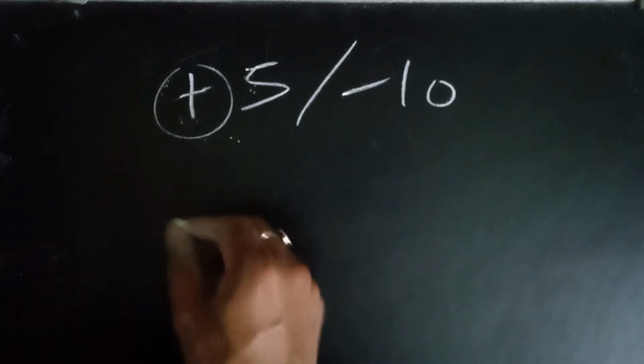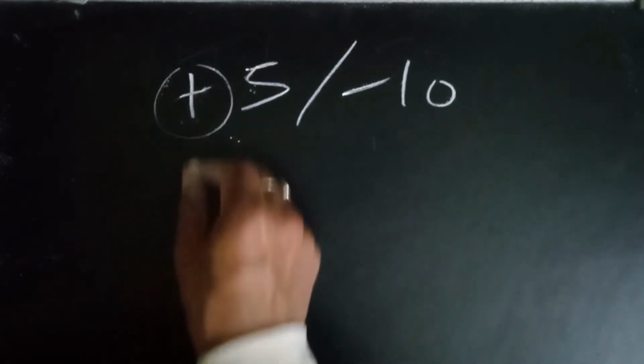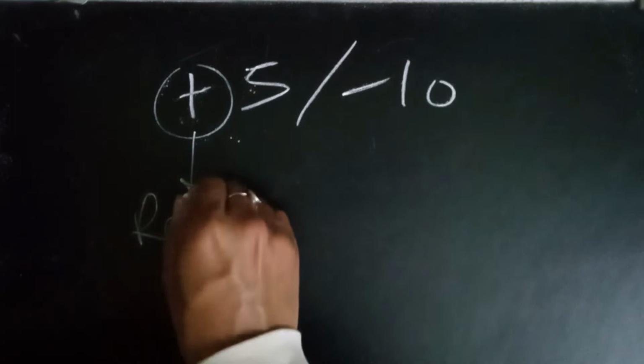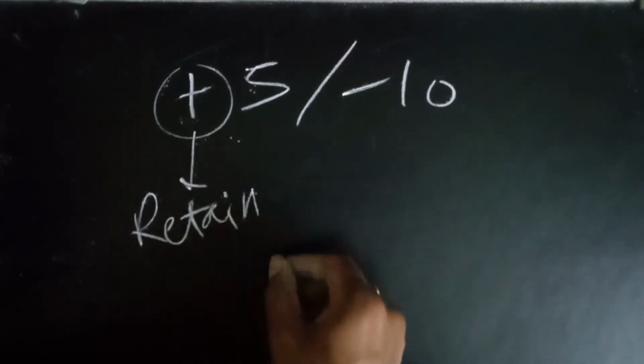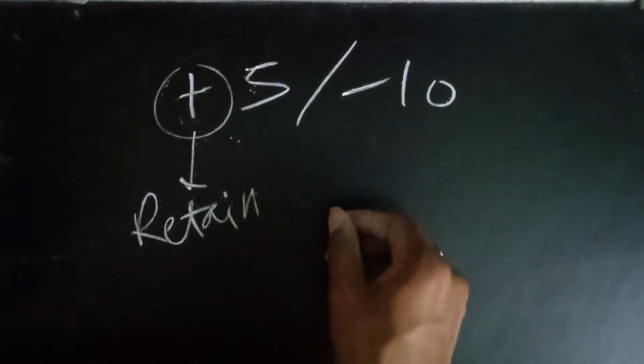Now for a screen, if something is given like +5 and -10, plus means something that is retained, so it is retained on the 5 mm screen.